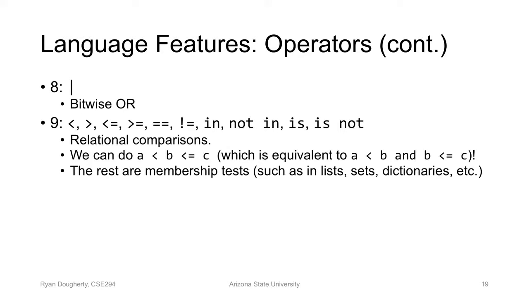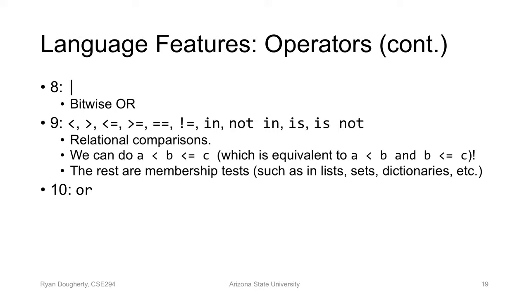So all of these are membership tests on the right-hand side, and the left-hand side with all the relational comparisons are between two operands, whether those be integers or sequences or something like that. We have the or, which is basically like the Boolean OR of Java.